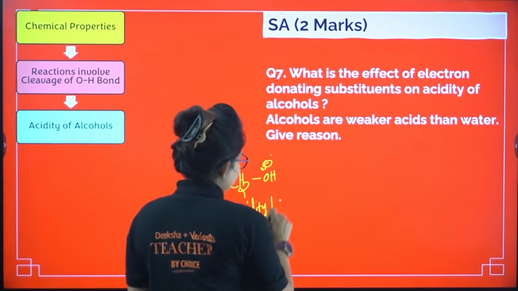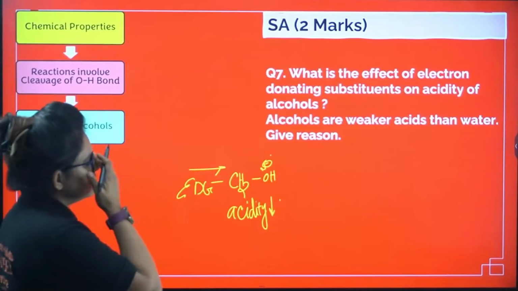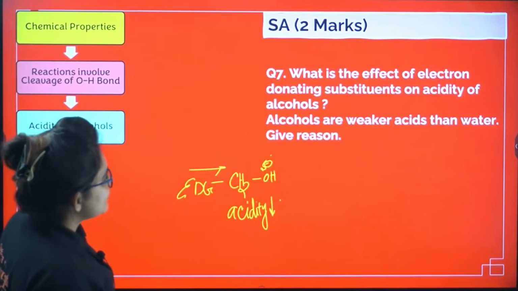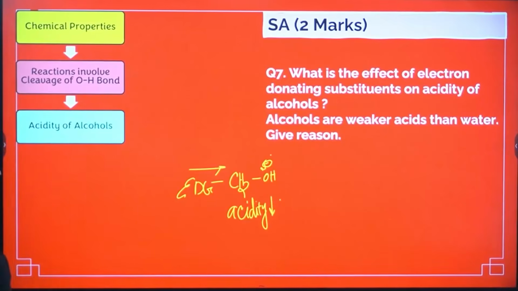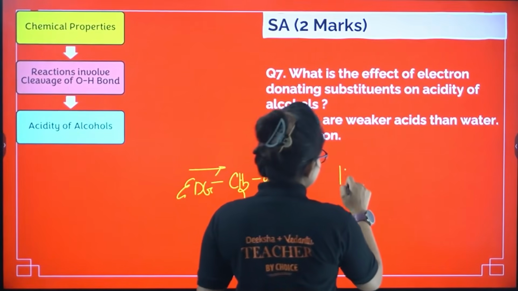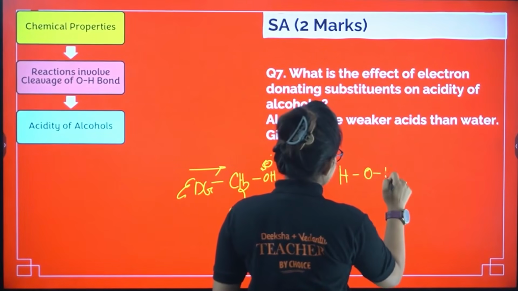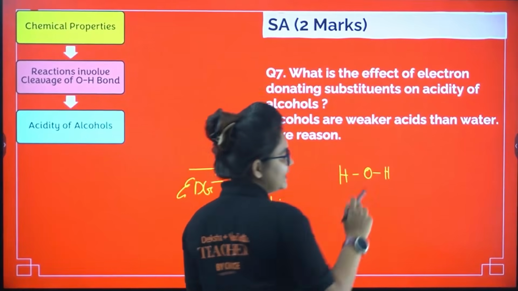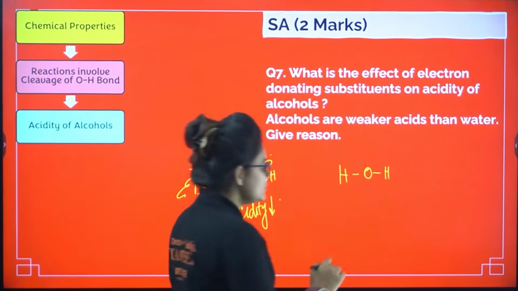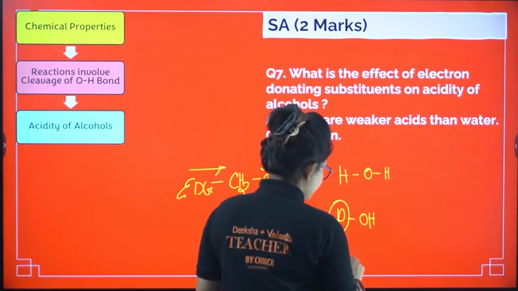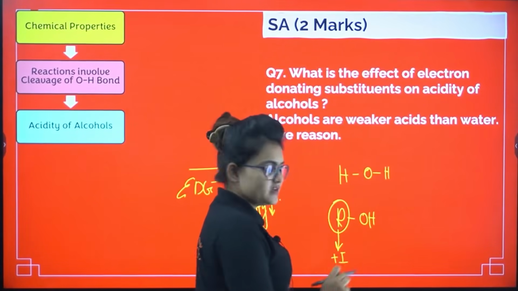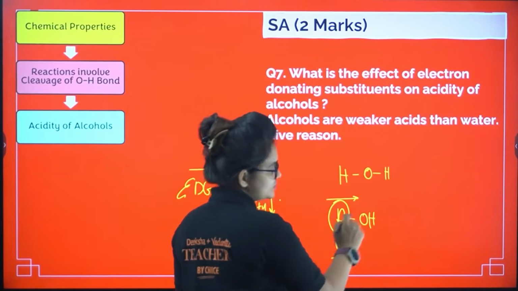Acidity will decrease, right? Okay, next: alcohols are weaker acids than water. The reason is the same, the electronic effect. In water there is no alkyl group present, but in ROH the alkyl group has a plus I effect, an electron donating effect, so it will donate electrons towards the oxygen.